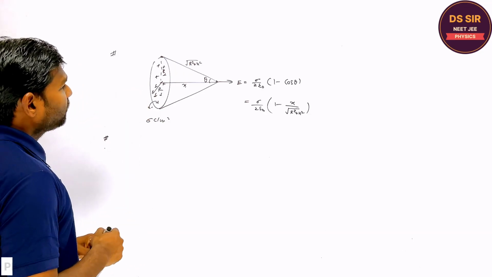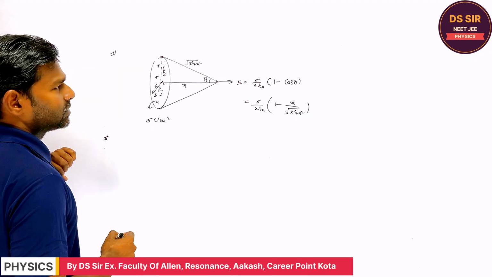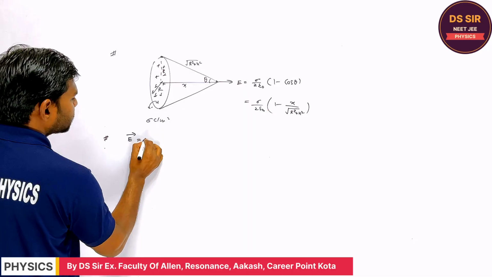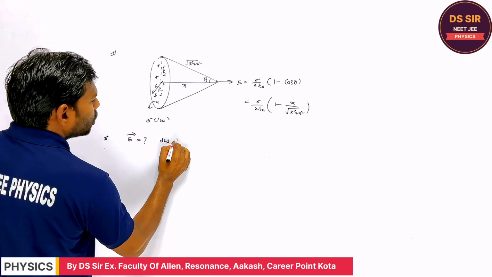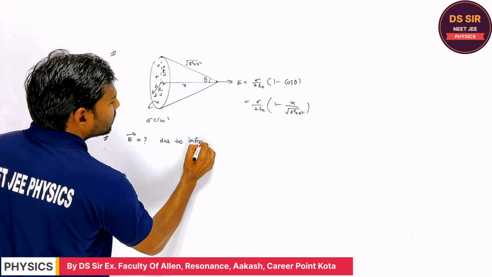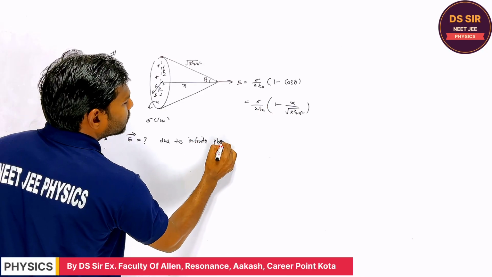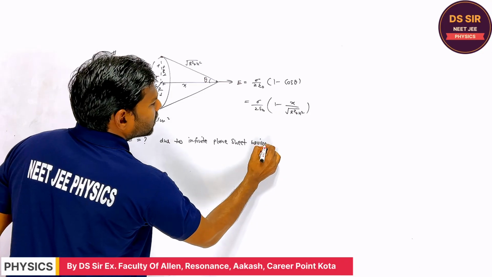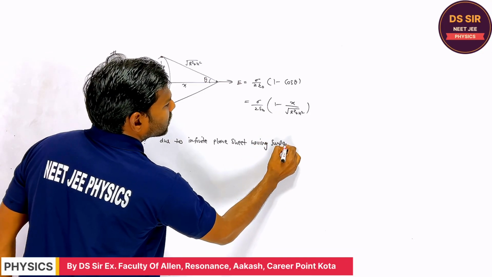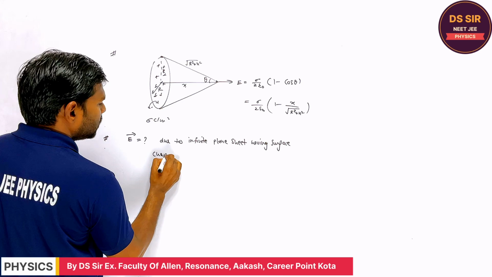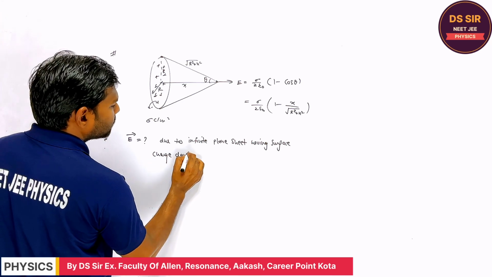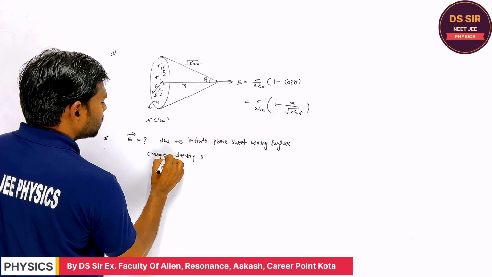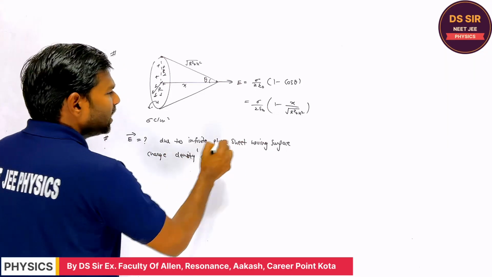Listen to one thing. If you increase the radius, for the electric field, I am writing next, the electric field due to an infinite plane sheet having surface charge density sigma. You understand? What does an infinite plane sheet mean?